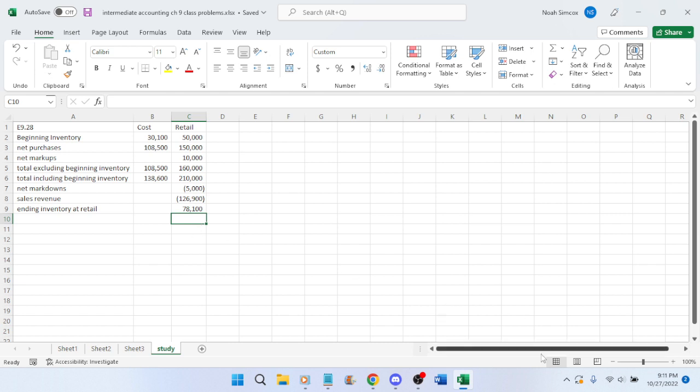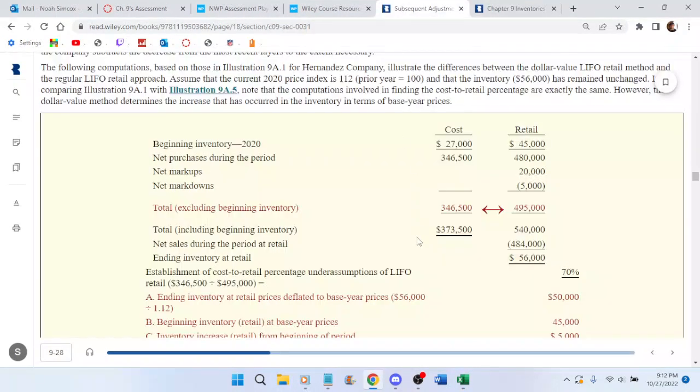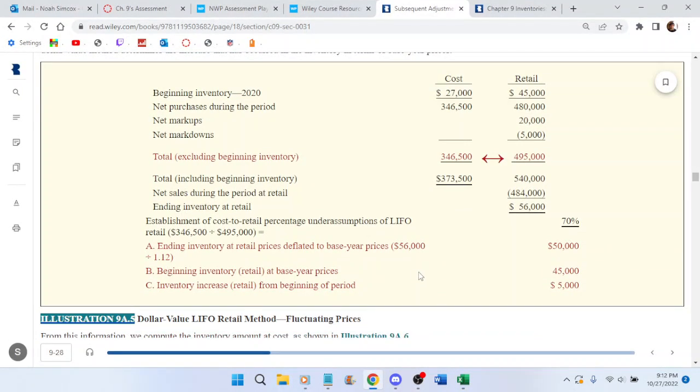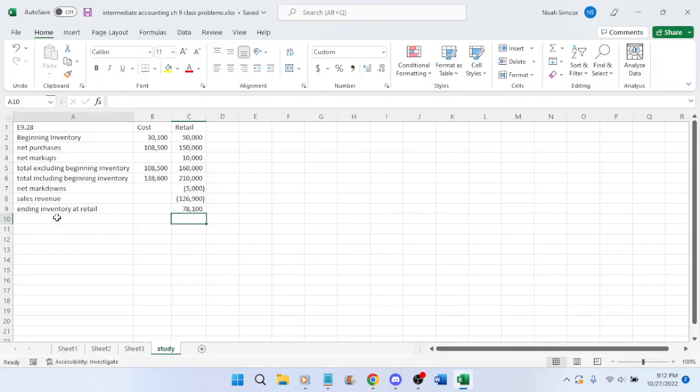Ending inventory at retail. Man, I hate myself. Apparently they want you to do the calculation like a million years later or something. Whatever.